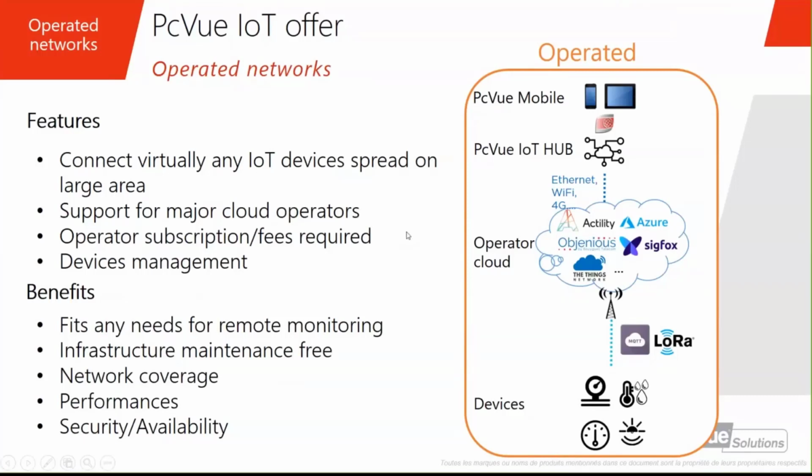In this case, as you now understand, it needs subscription fees to the operator. But you must know that if you need to connect your devices through an operator, you can do it with the PcVue IoT Hub. Obviously, there are many situations and infrastructures. So if you have specific needs, you can just contact us and we can study your project.